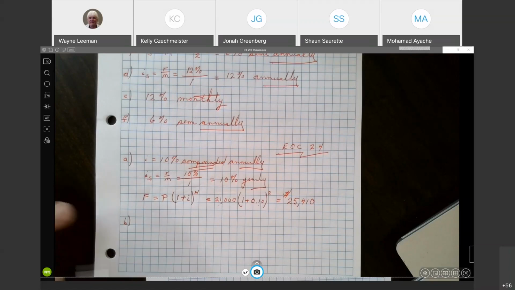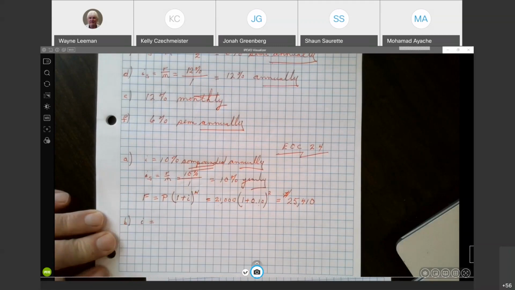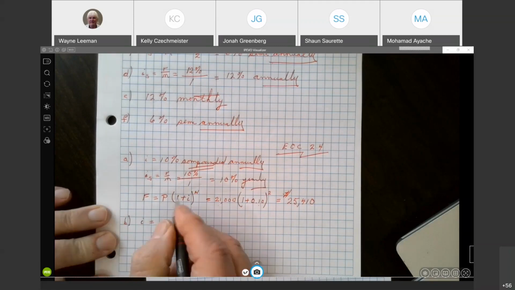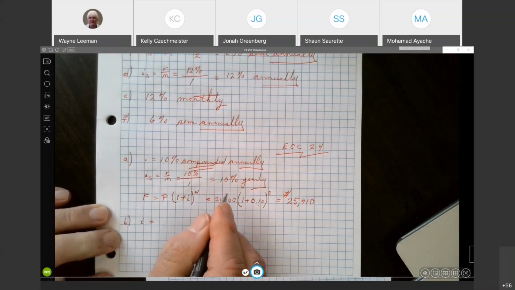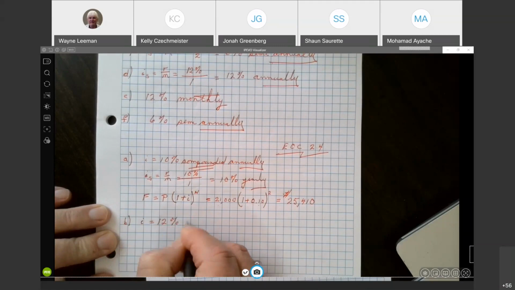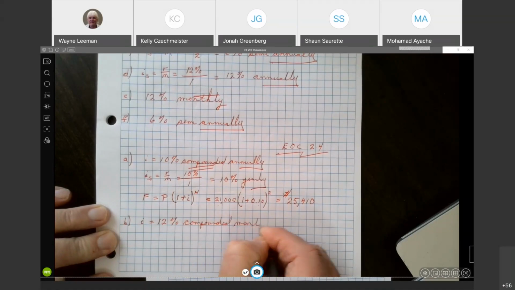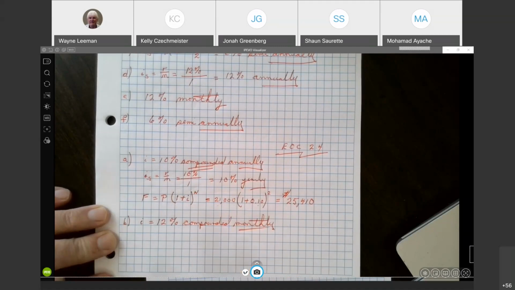I'll start that out here, our nominal interest rate that we're given, I just have to find it here in the question, is 12% compounded monthly.